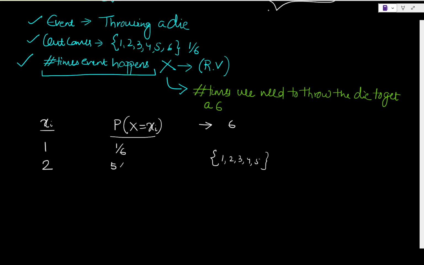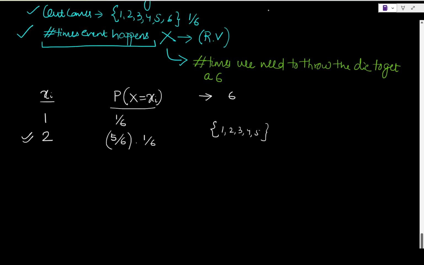So in the first throw, I did not get a 6, but in the second throw, I am getting a 6, because here xi is 2. So the probability would be 5 by 6 multiplied with 1 by 6, because these are independent events, yet they occur one after the other. So we multiply them. I mean, these are AND events. We didn't get a 6 in the first throw, and we got a 6 in the second throw. Hence the multiplication.